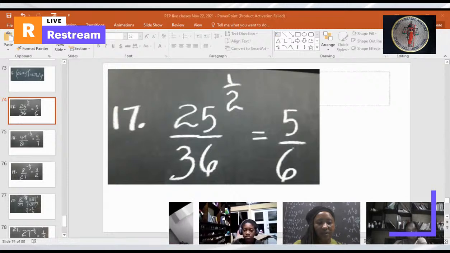So the square root of 25 is 5 and it's going to the 1 power, so it would be 5. We're also doing the same thing for 36. So the square root of 36 to the first power is 6. Correct.